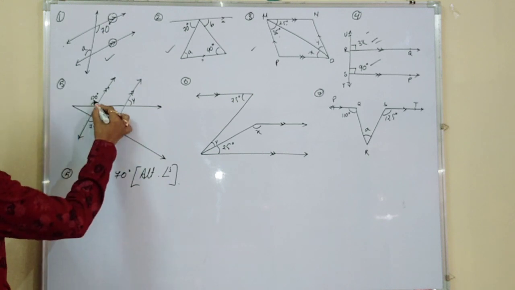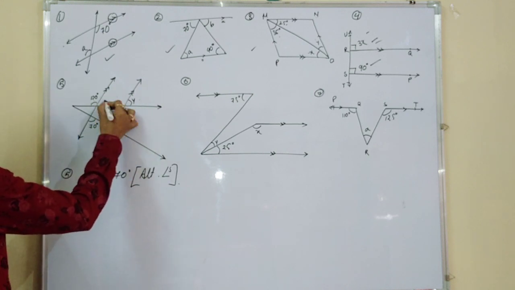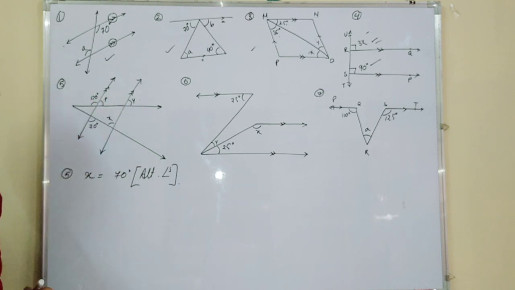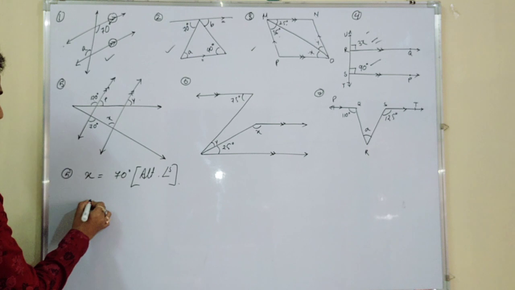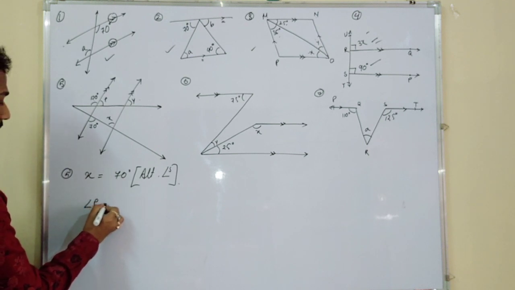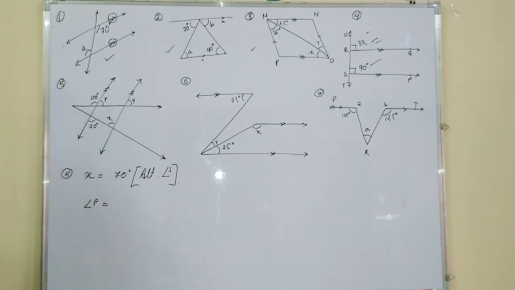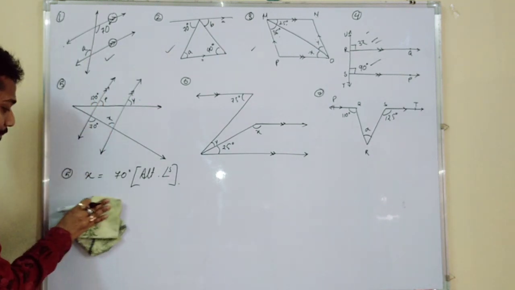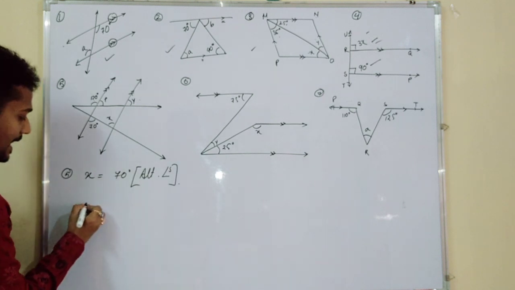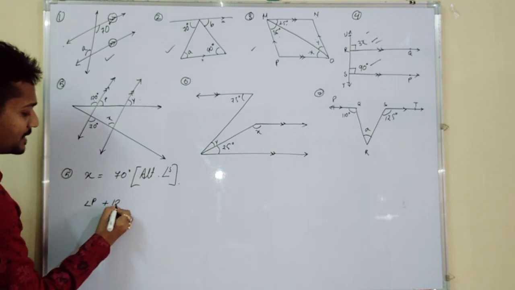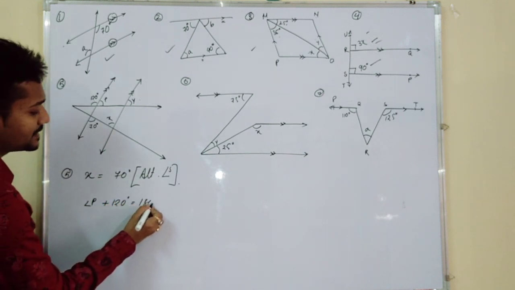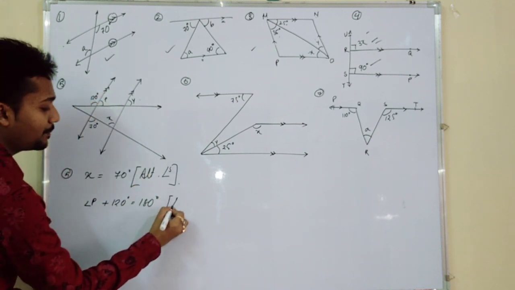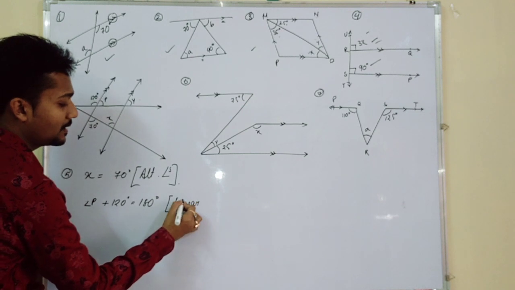Now we don't have any relation between 120 and y. So we mark this angle as P. What can we say? Angle P is equal to how much? We don't know, but we can find out angle P. How can we find out? See, angle P plus 120 degree is equal to 180 degree. Reason? Linear pair. We have studied about linear pair, isn't it?